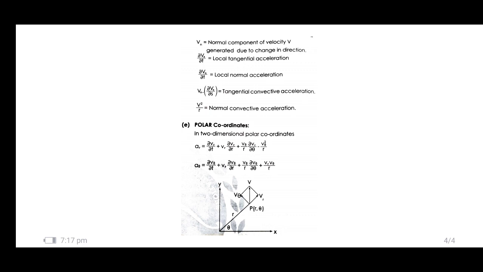In two-dimensional polar coordinates, acceleration a_r is given as del v_r divided by del t plus v_r del v_r divided by del r plus v_theta divided by r del v_r divided by del theta minus v_theta square divided by r. This formula is quite typical, but you have to remember this. a_theta is equal to del v_theta divided by del t, and so on.